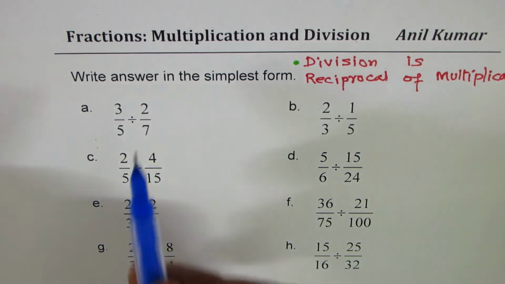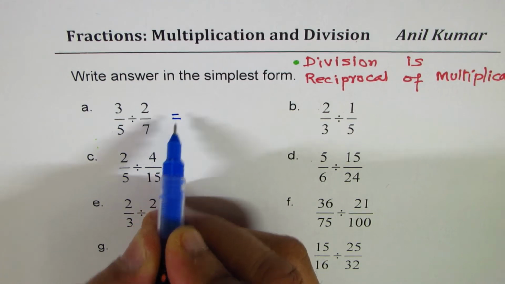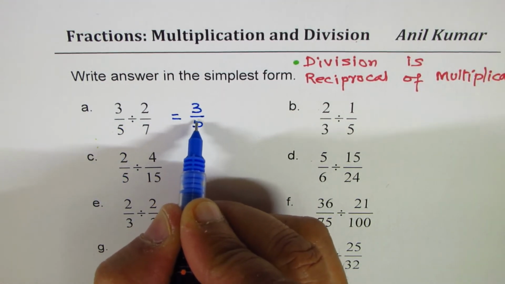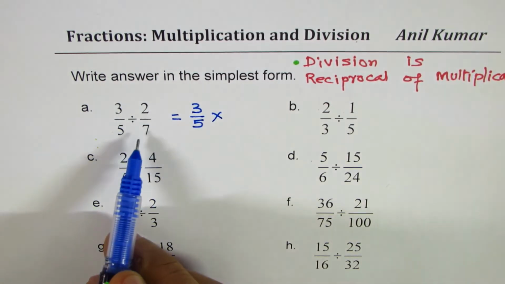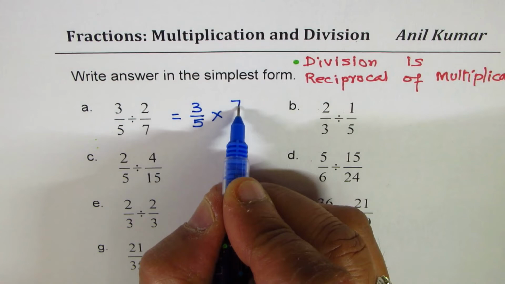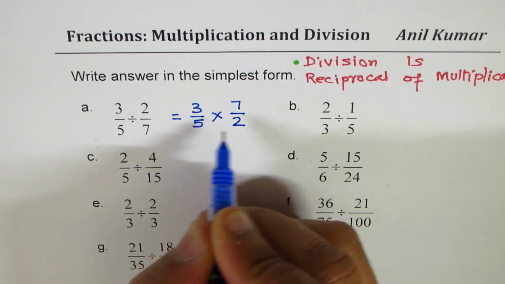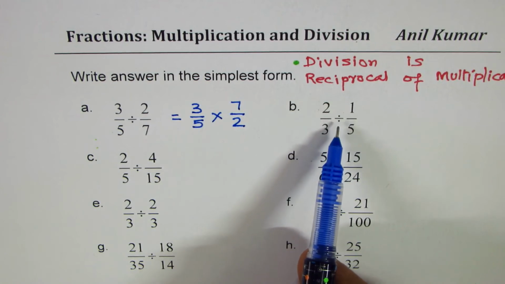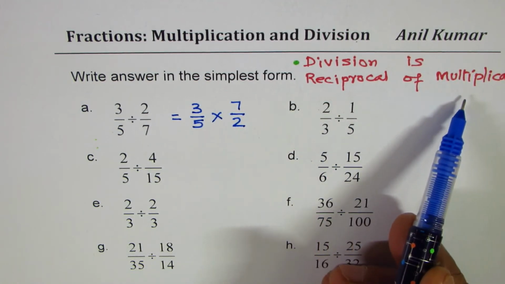So what I'm trying to say is, you could write this as 3 over 5 times, reciprocal means flip it, right? So 7 comes on the top, 2 comes in the denominator. So that is the first step.